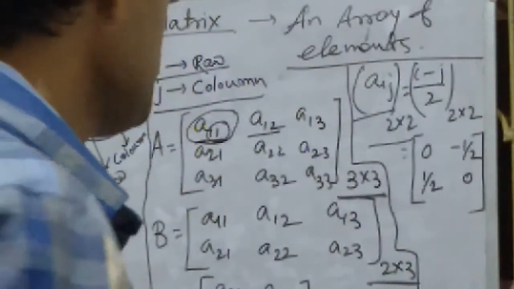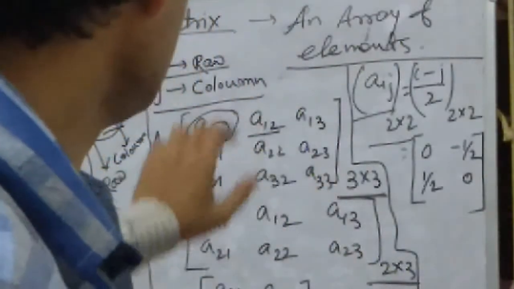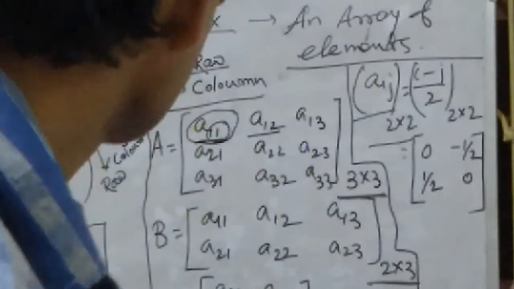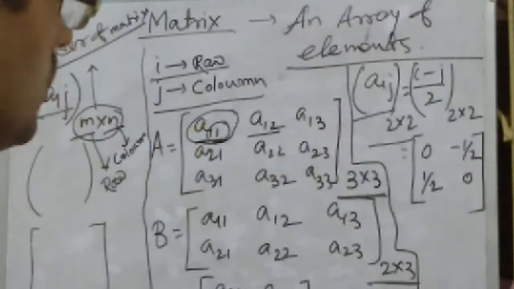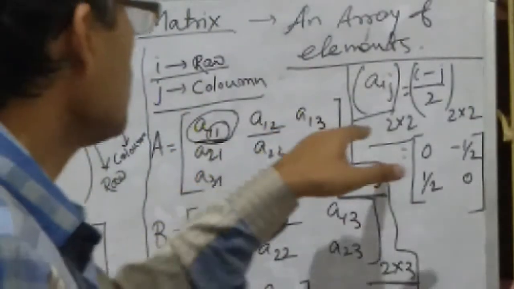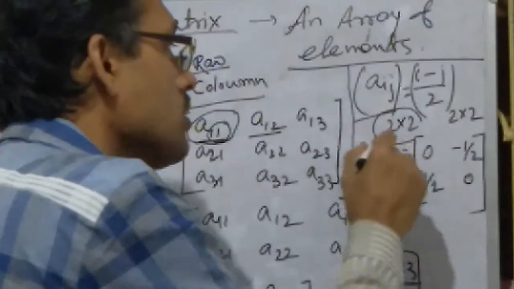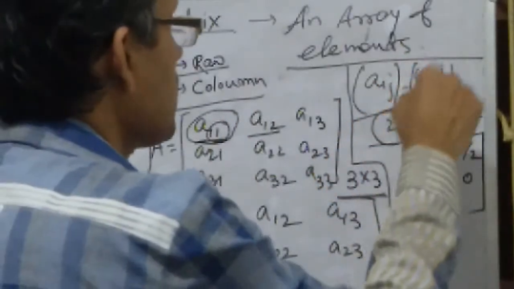When the number of rows and columns are different, we call it a rectangular matrix. So accordingly, we need to proceed based on what the question gives. Here it's a square matrix of order 2 cross 2.